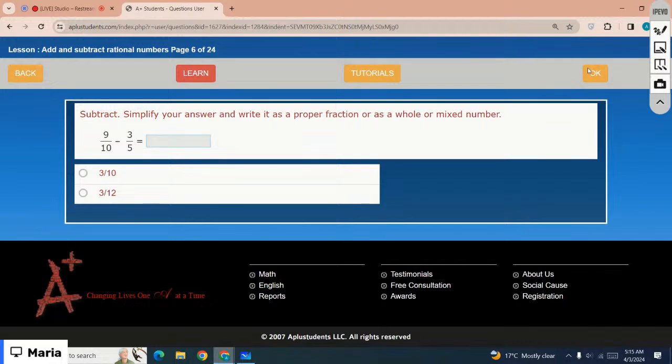9 by 10 minus 3 over 5. So, which is the correct option? Yes, the correct option is 3 over 10. Option number 1 is the correct option, right?